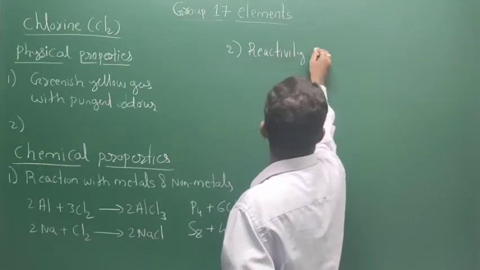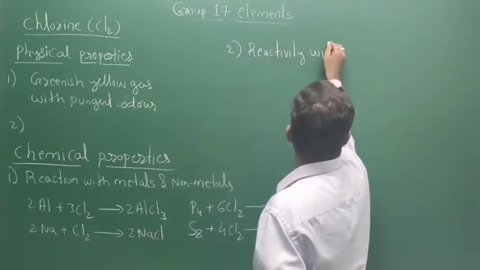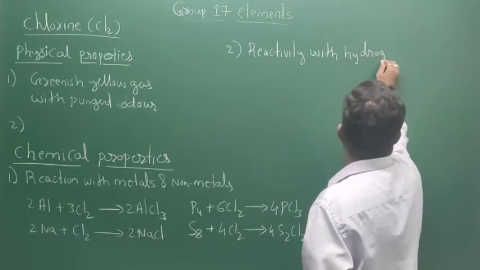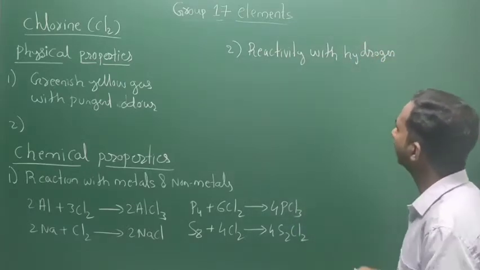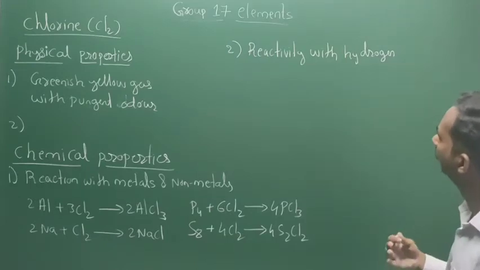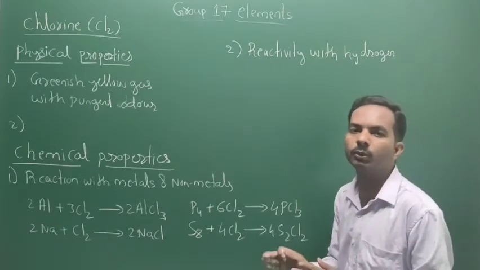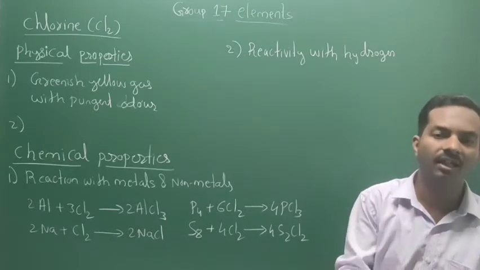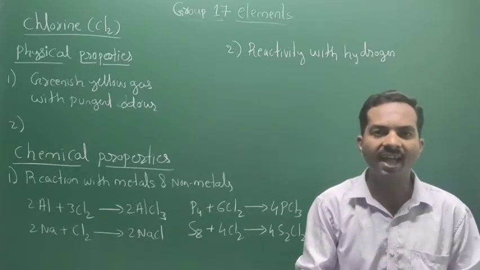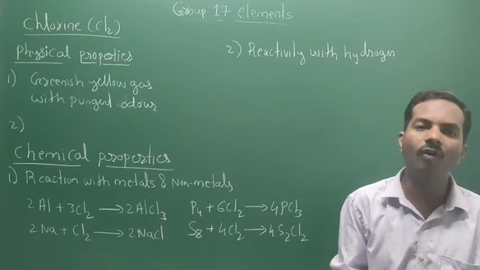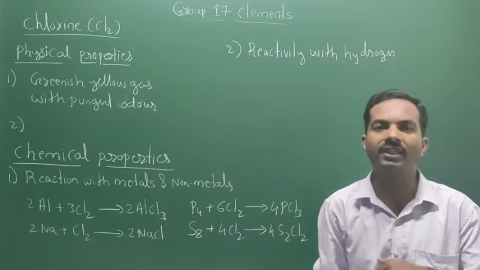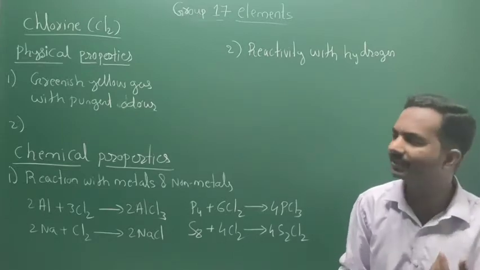So second one is reactivity with or towards hydrogen. Chlorine has great affinity for hydrogen, hence it reacts with compounds containing hydrogen to form HCl.